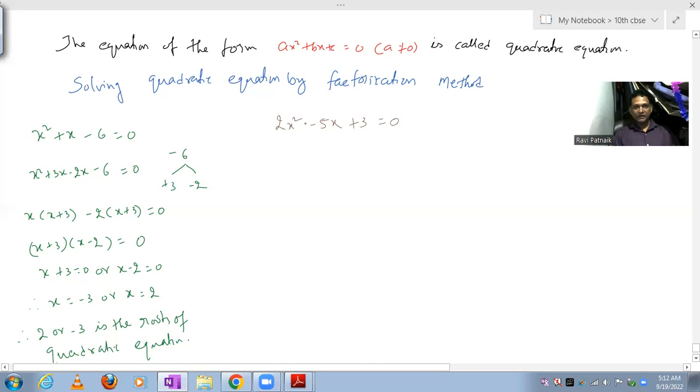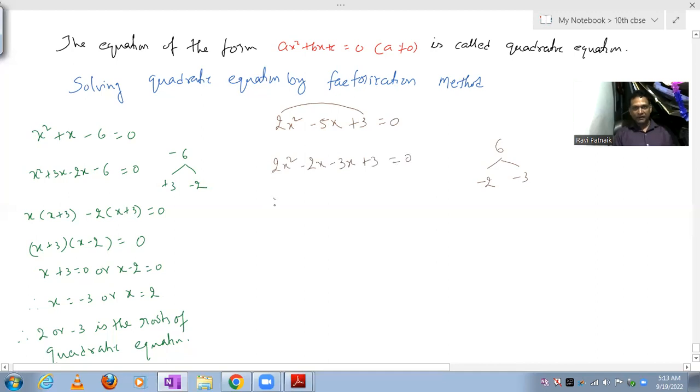Just observe here, the x square coefficient is 2 and the constant term is 3. So 2 times 3 is 6. If you are multiplying, you have to get 6. Adding means minus 5. What are the values there? Minus 2 into minus 3. So 2x square minus 2x minus 3x plus 3 is equal to 0.